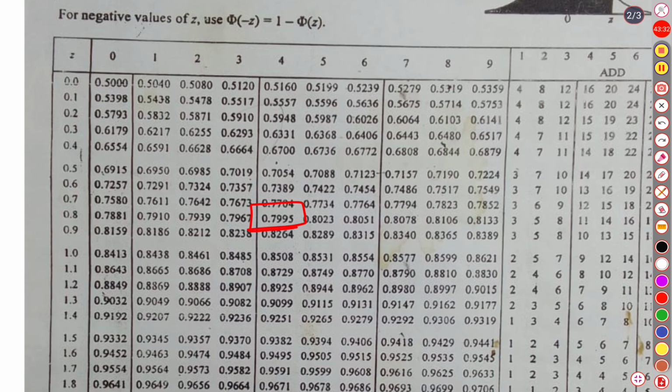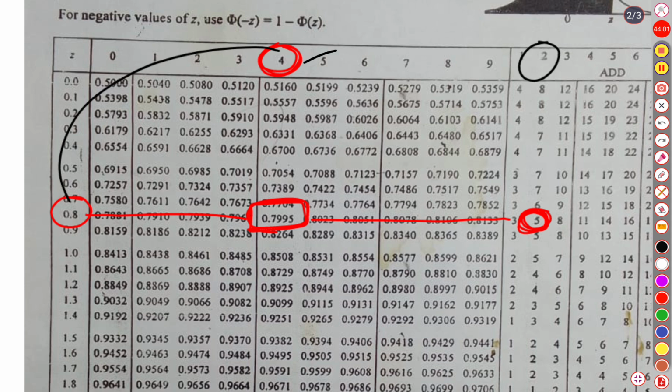Look here, 0.7995. We require 0.8000. So our row is 0.8 and first column is 4. As we require 0.8, one more 5 is required to be added. Then exactly it is going to be 0.8. So our answer is 0.84 and the second column is 2. So our answer is 0.842.